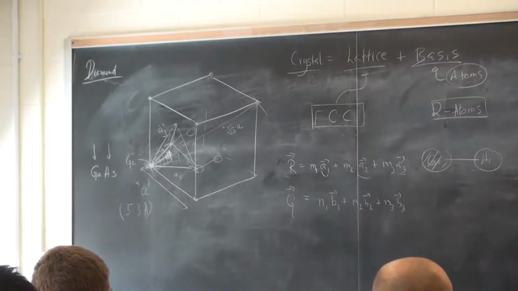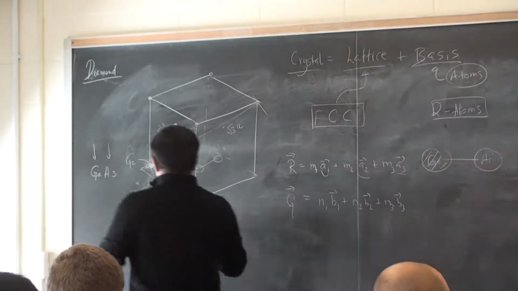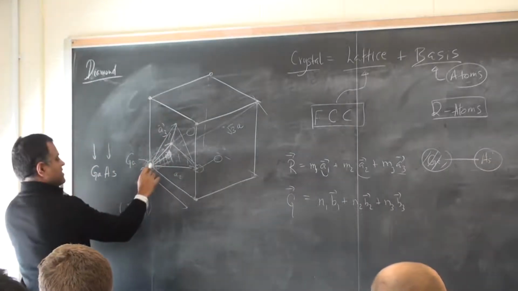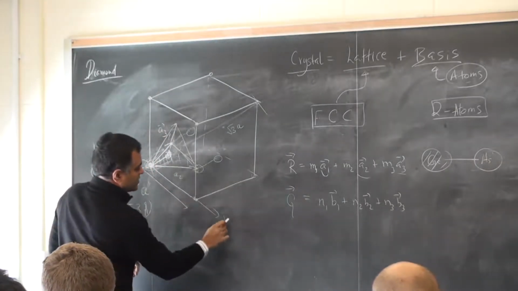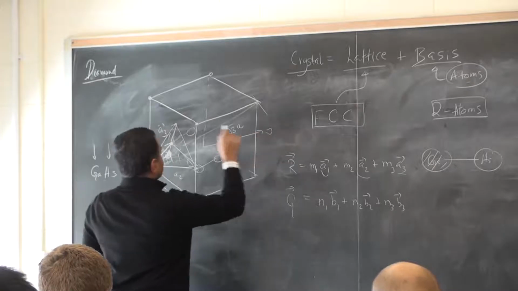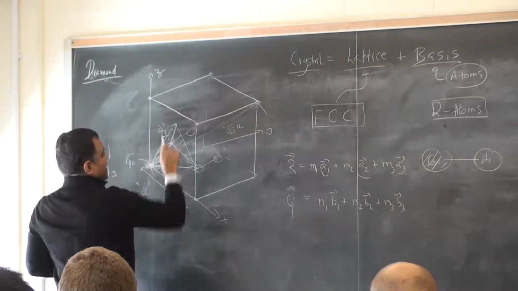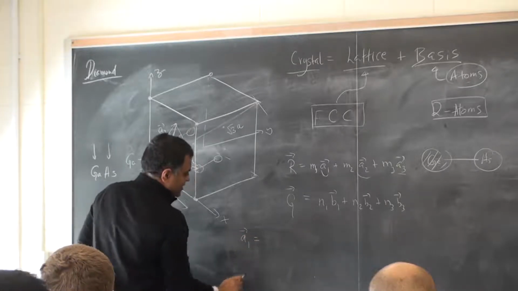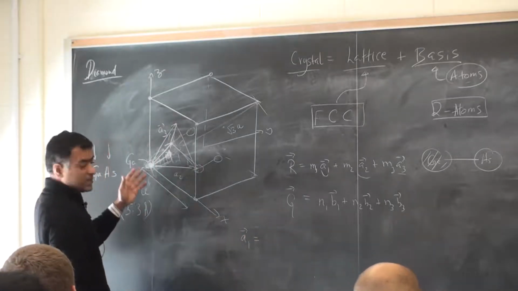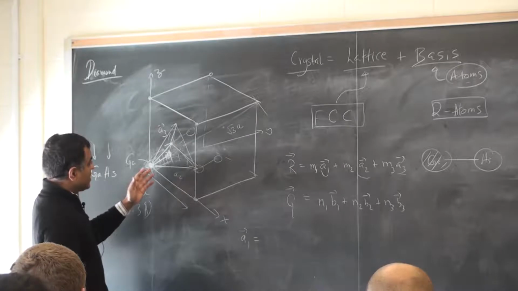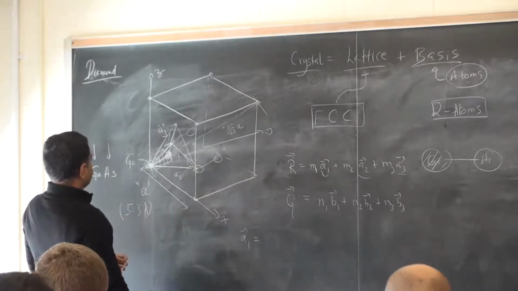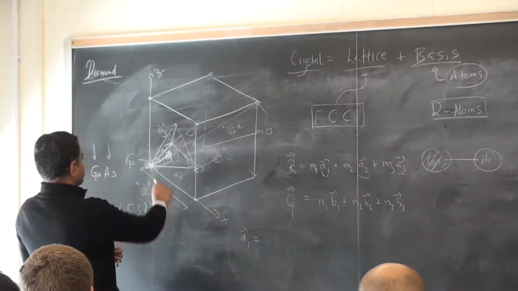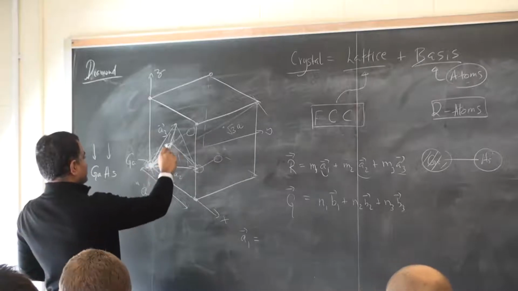Okay, so now if you know A1, A2, so if this is the lattice constant, let's fix this to be the origin, and let's, for example, call it X, Y, and Z, right? Then maybe you can tell me what is A1. I can write it down by looking at it now, right? So A1 is, which one did I even write? I messed up here. Okay. That one, right? Yes. Okay, let's call that A1.